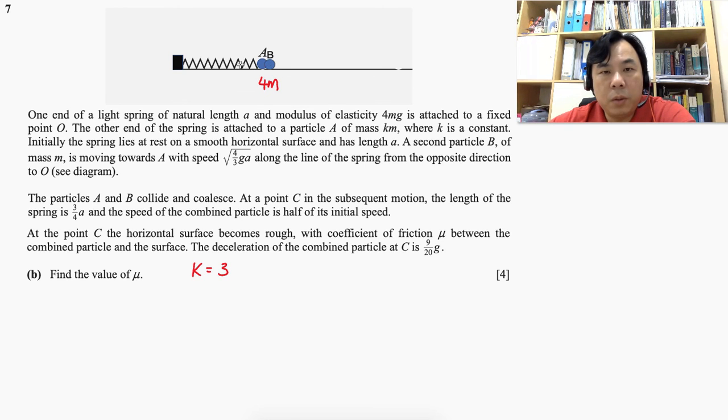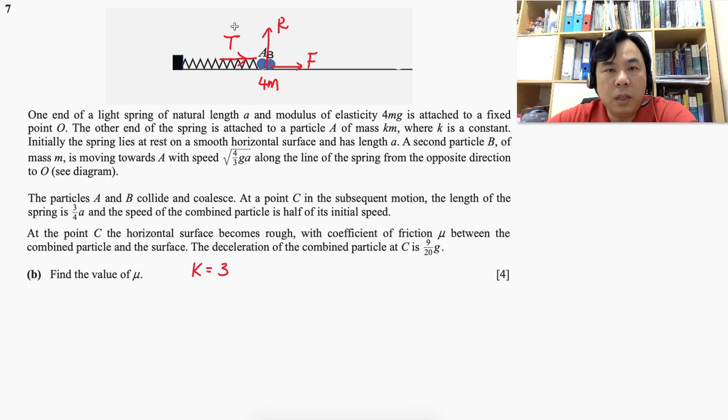Now since it's compressed this way, the frictional force will be acting in these directions here. The normal is given by this, and then there is also a compression given by the spring itself. So the compression is acting in this direction. So we just label that as tension itself, right?